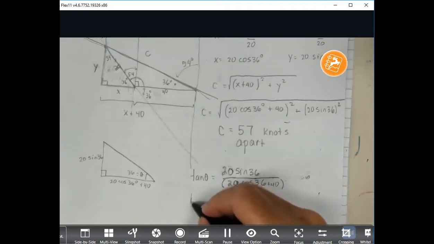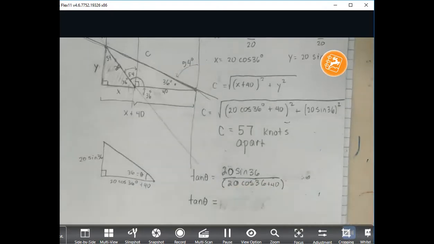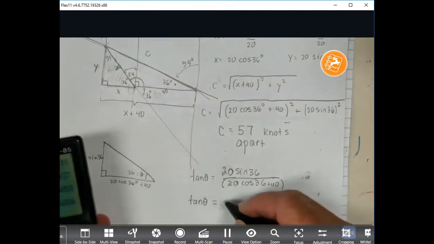Okay, so I'm going to get this number. I've got 20 sine of 36, and I'm going to divide that by 20 cosine of 36 plus the 40. And then I want the inverse tangent of this number.